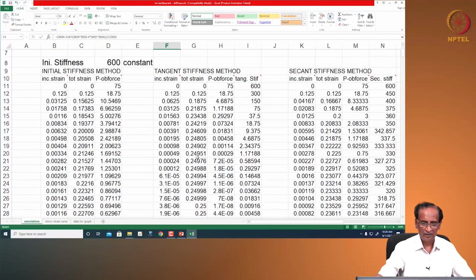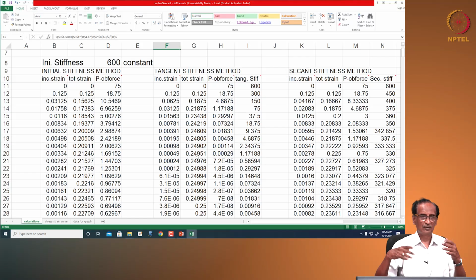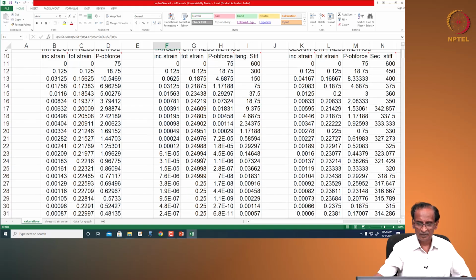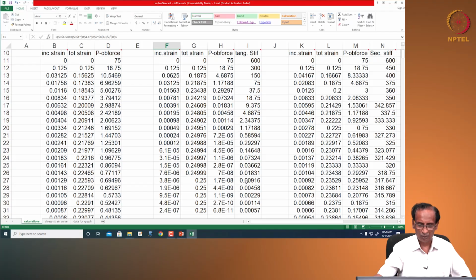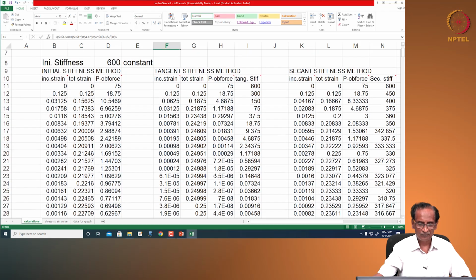But then this being a small problem, it's not an issue, because your tangent stiffness is very low, 0.009. But if it were a large finite element program, these small values will compound with each other, and you might start forming a mechanism with very large displacements. But this being a small problem, we are able to converge without any numerical issues.